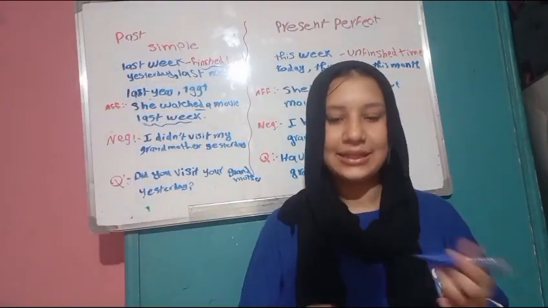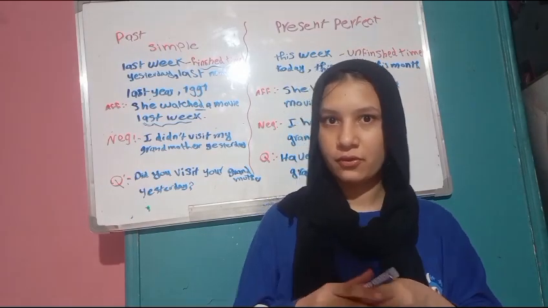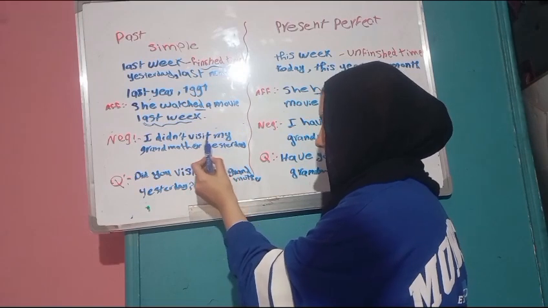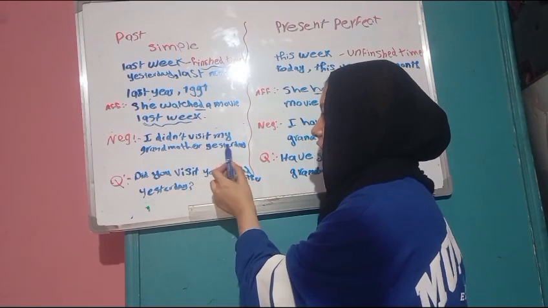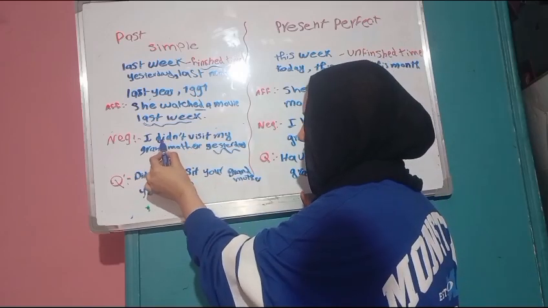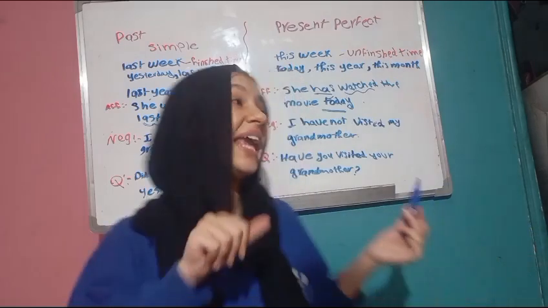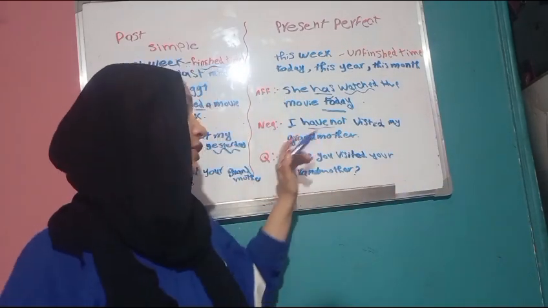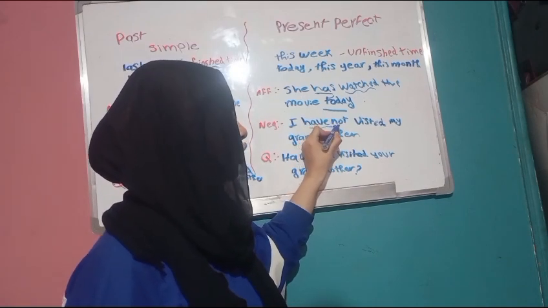And right now, let's take the negative. Here: I didn't visit my grandmother yesterday. This is finished time, right? So this is why we put didn't. But here: I haven't. You must notice that we put not.